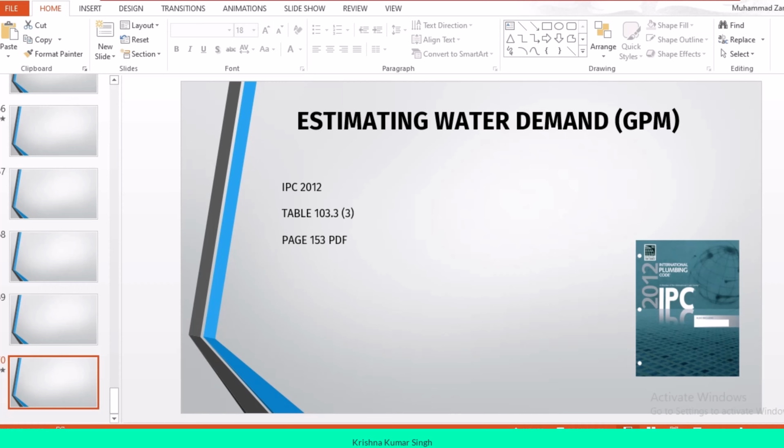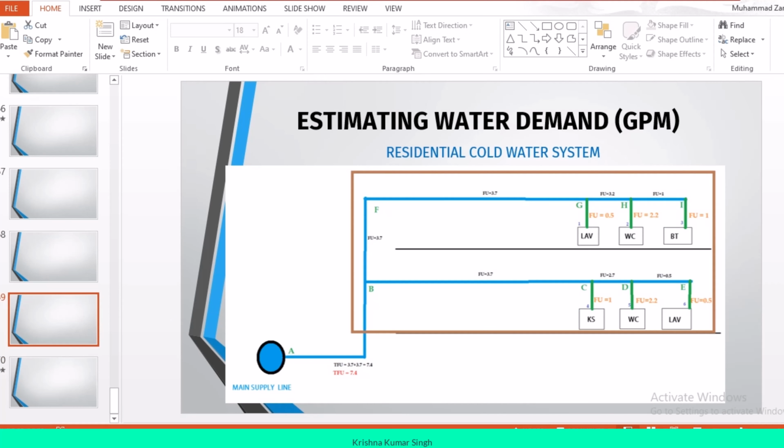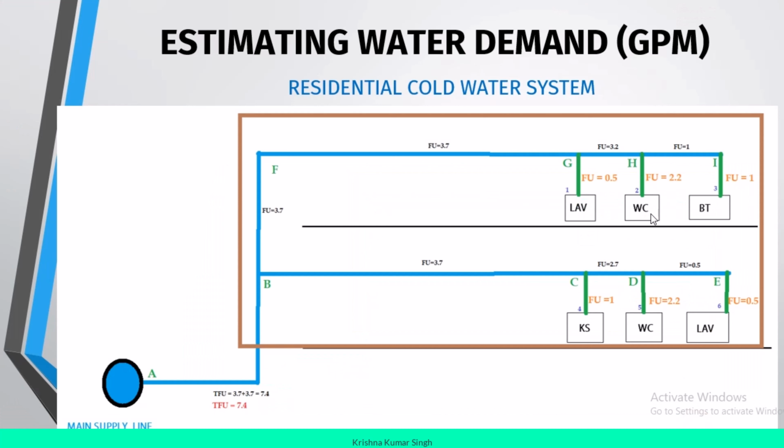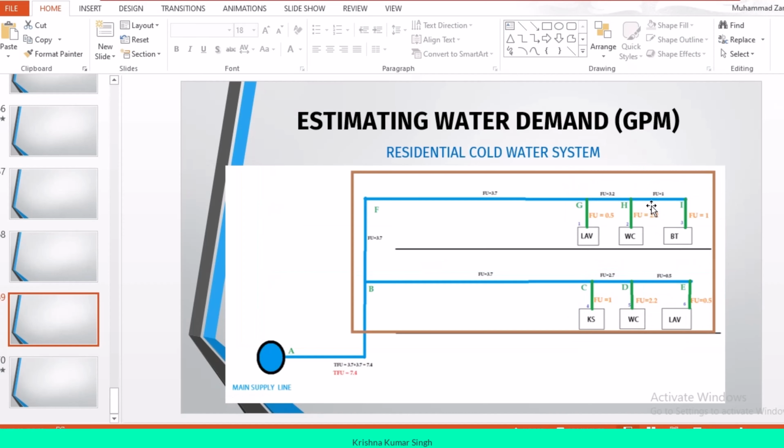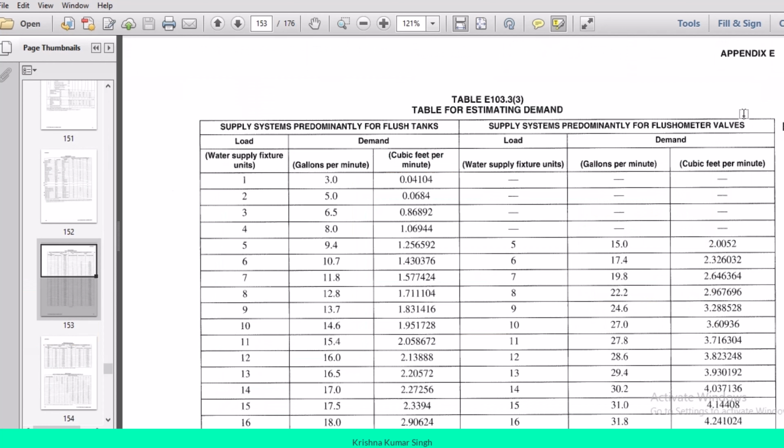Because in my project I have two water closets, both are tank type water closets. If there were flushometer valves, then I could use the other side, but right now for residential purposes we will stick to the left hand side of this table, which is for supply systems predominantly for flush tanks.